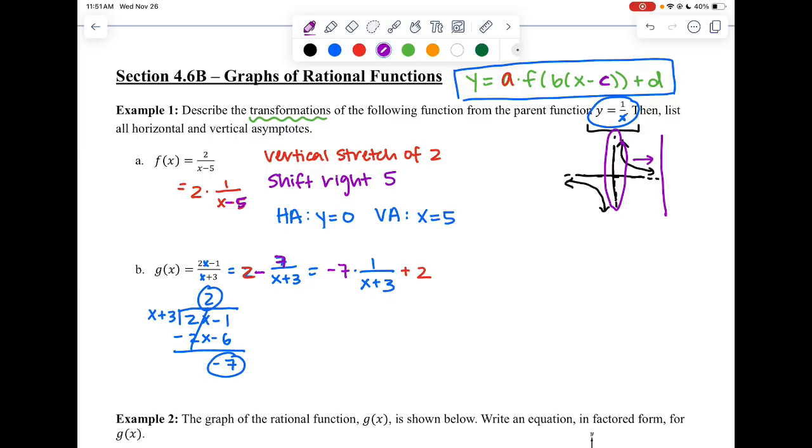So first, I see I have my -7, and I know that represents two different things. First, the 7 represents a vertical stretch by 7. I know that the negative represents a reflection, and that's going to be a reflection over the x-axis.